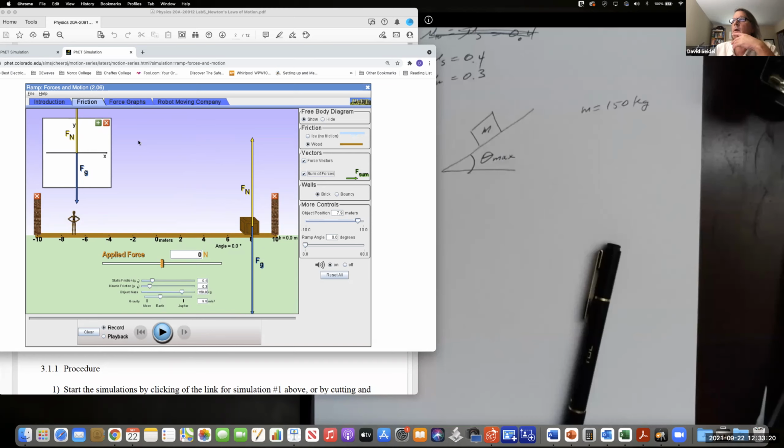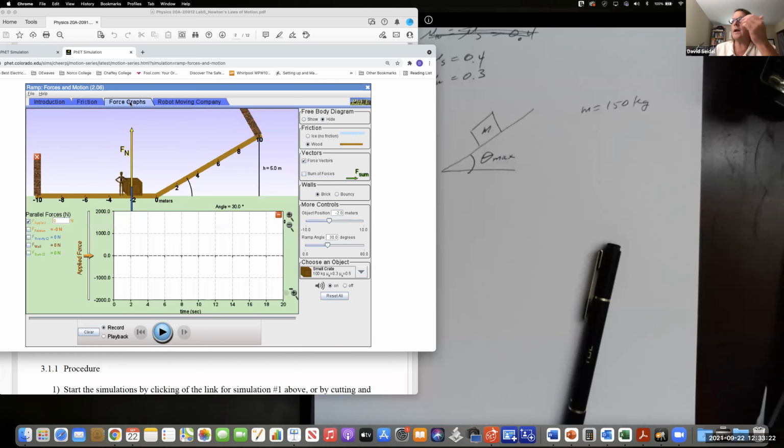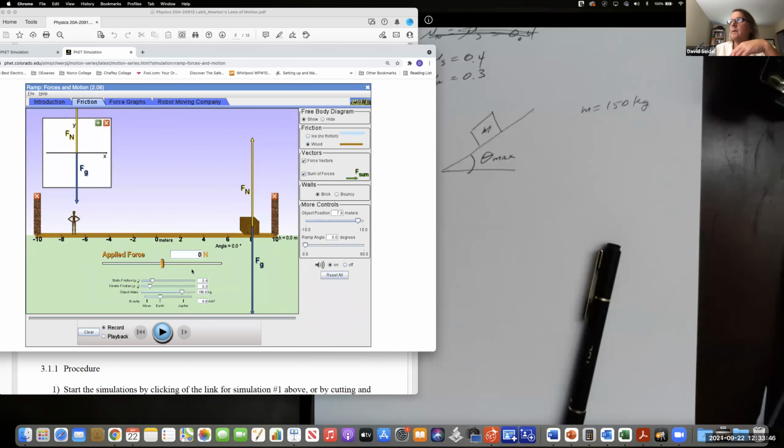I can't independently change static friction, so I need to see if I've got an object with a 0.4 static friction. I could use the textbook from the force graphs because it has one, but I don't have a custom object. Here I have custom, I can set them custom.